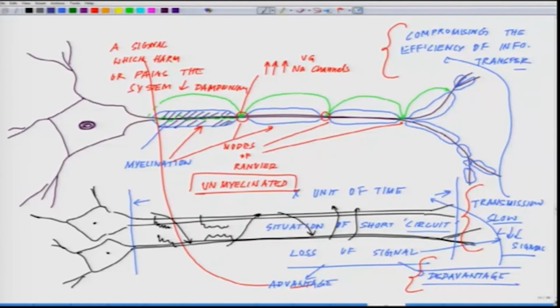What we do not know, absolutely no clue, is how they decide where they have to have these nodes of Ranvier. Who decides, how they decide, it's still a mysterious thing.